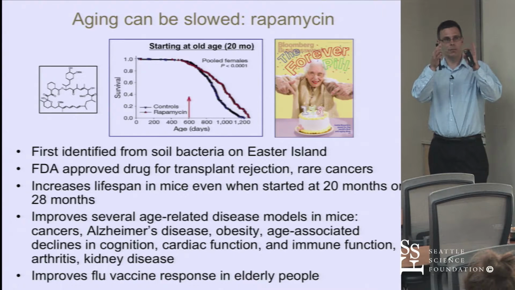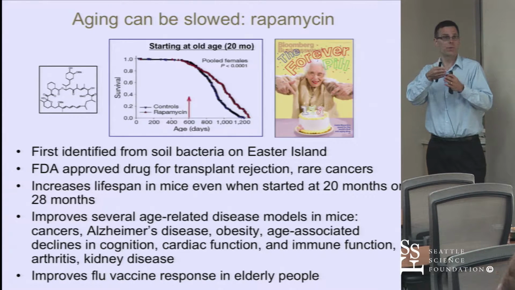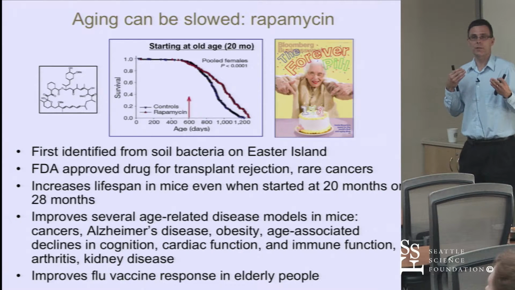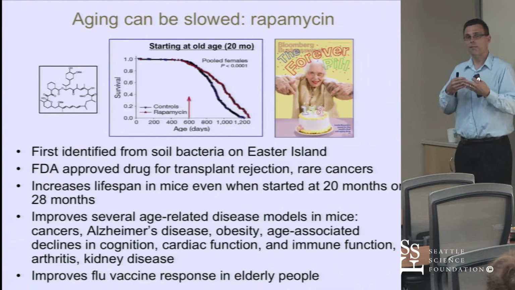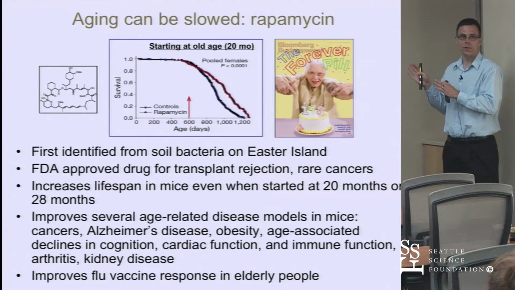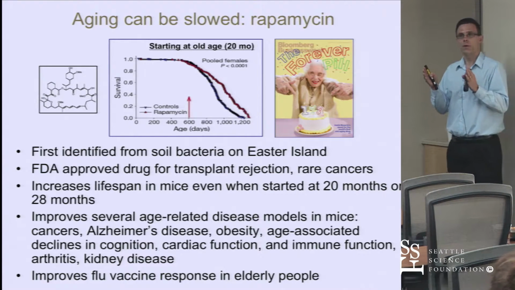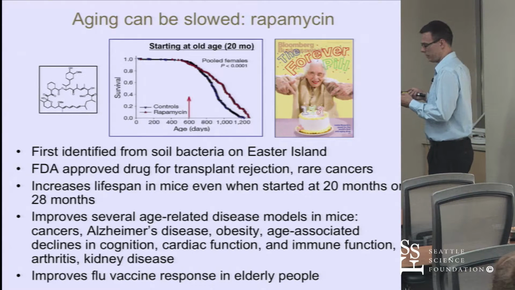So Novartis took healthy elderly people, gave them 6 weeks of everolimus or 6 weeks of placebo, and then gave them a flu vaccine. And what they saw was that the people who'd been taking everolimus had a better vaccine response than the placebo group. This parallels exactly what had been seen previously in mice, and I'll show you the data in a minute, showing that rapamycin can improve immune function in elderly mice. Now we have some indication that that's probably true in people as well.